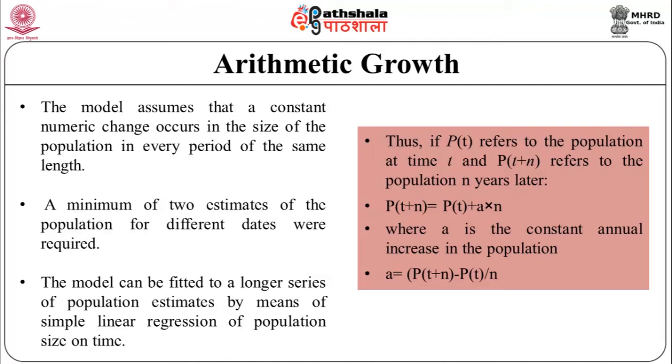Thus, if we say that P(t) refers to the population at time t and P(t+n) refers to the population n years later, then we have this mathematical formula: P(t+n) = P(t) + A·n, where A is the constant annual increase in the population. That is, A = (P(t+n) − P(t)) / n.